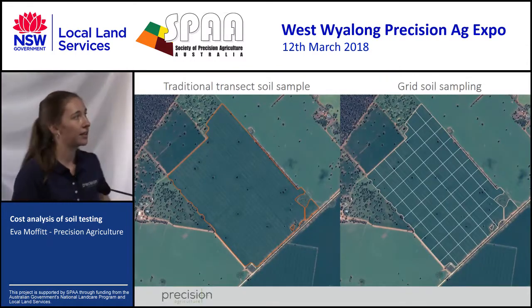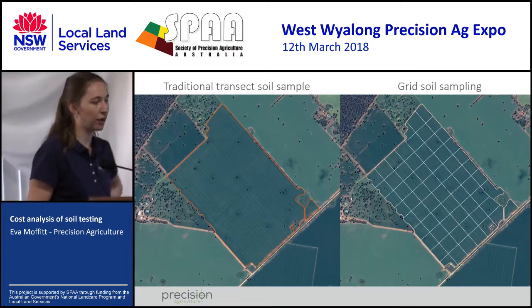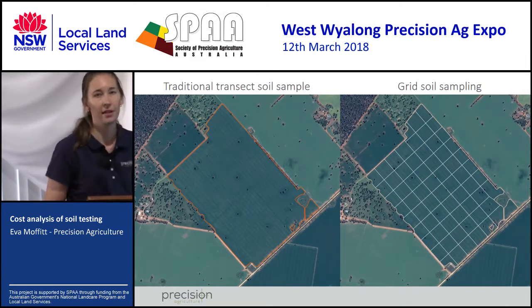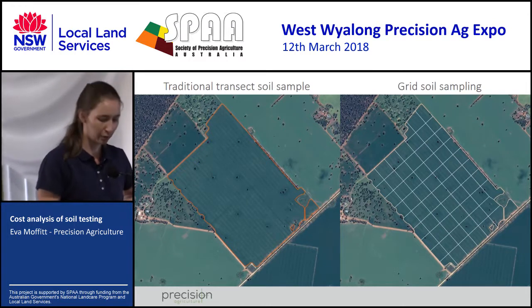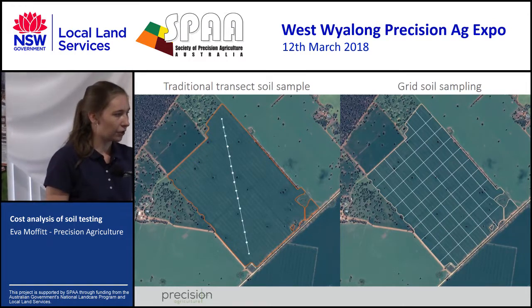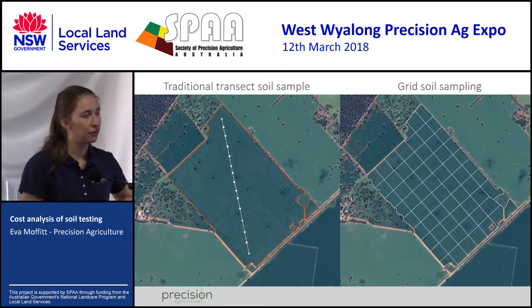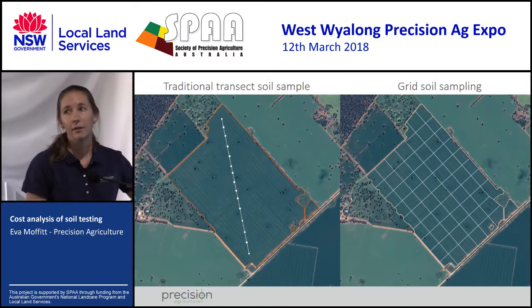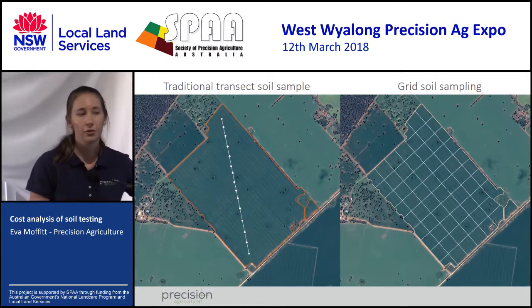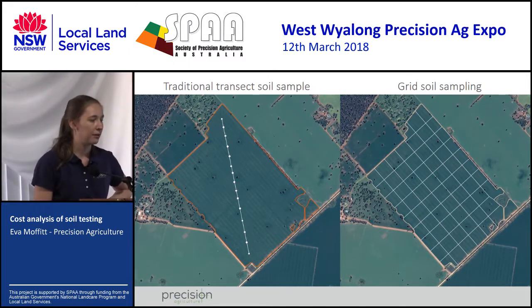So before I get stuck into that, just a very quick run over of what grid soil sampling is. I think from the other presentations today it's probably been covered fairly well, but on the left, our traditional transect style soil sample where you're getting one result for a paddock. On the right we've got a 2 hectare grid. So as Adrian alluded to, obviously the higher the resolution the better.